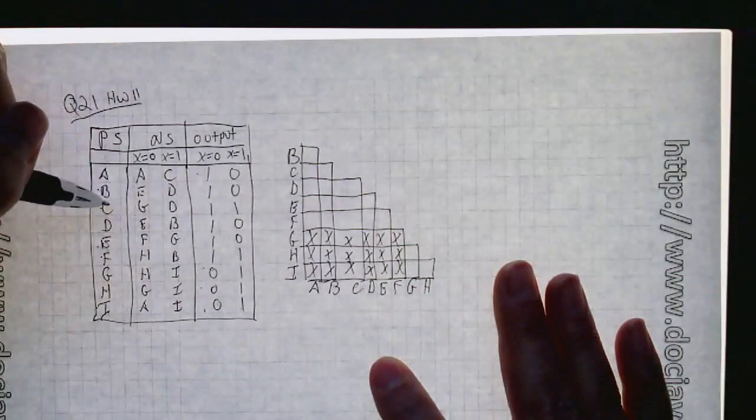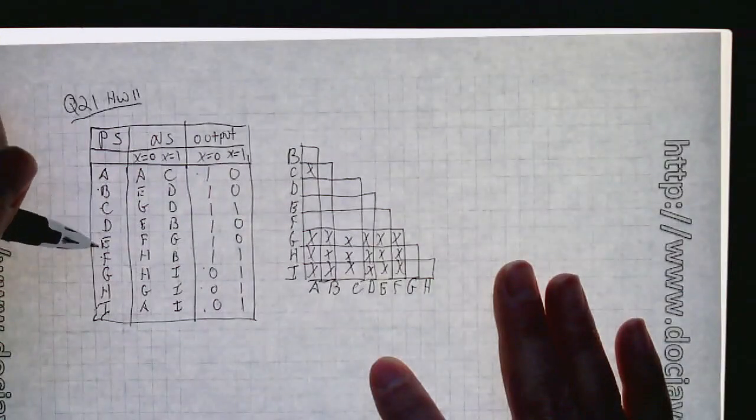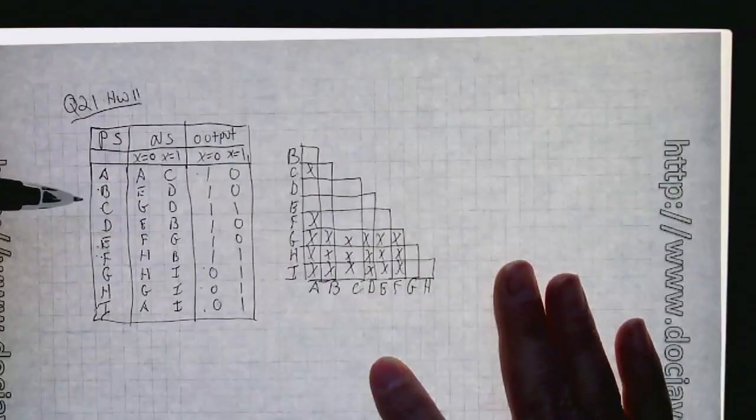A is also different from C because they have different outputs. What else is A different from? It's different from F because they have different outputs.